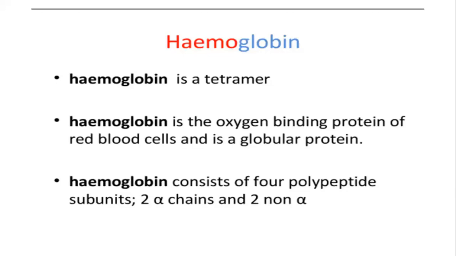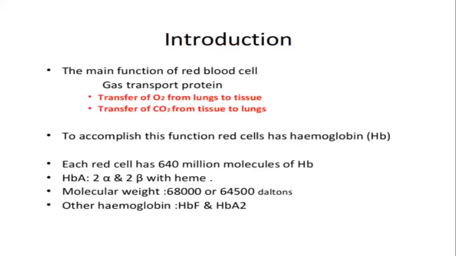Each subunit has 2 different chains. They could be alpha chains or beta chains, or alpha chains and non-alpha chains. The beta chains are sometimes referred to as non-alpha chains. So it is important for us to understand the various terminologies that we might find ourselves in, even as we get into the depth of the lecture.